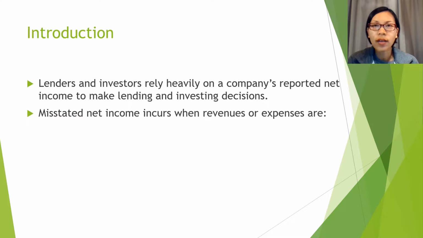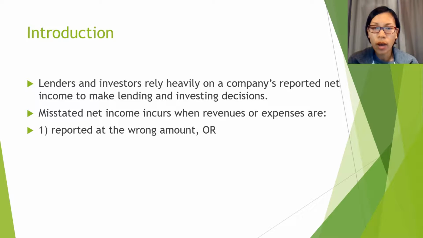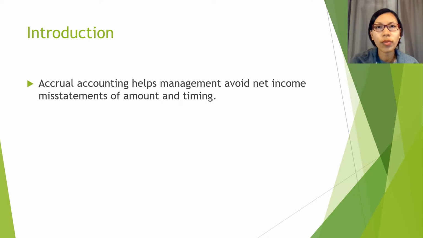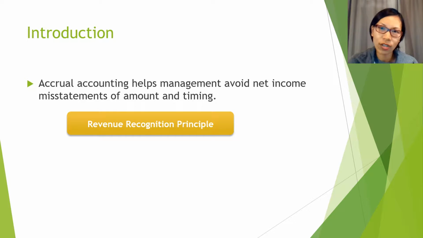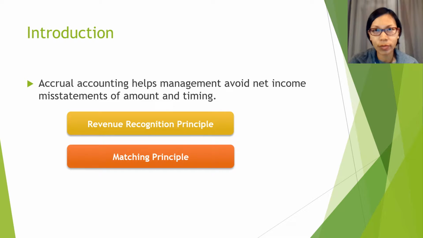Misstated net income happens when the adjusting entry is recorded in the wrong amount or the wrong period. The purpose of accrual accounting is to help management avoid misstatement of net income. It comprises two principles: the revenue recognition principle and the matching principle.